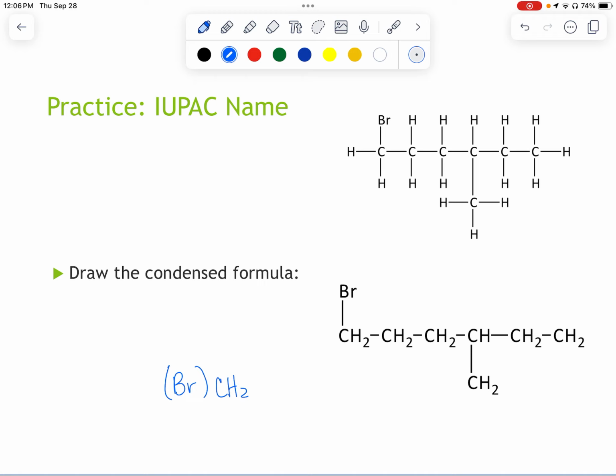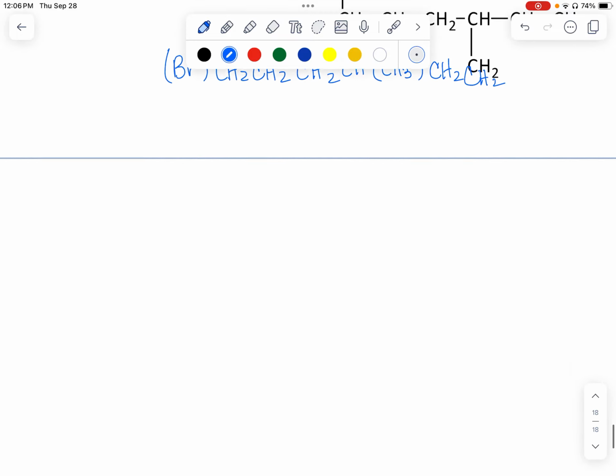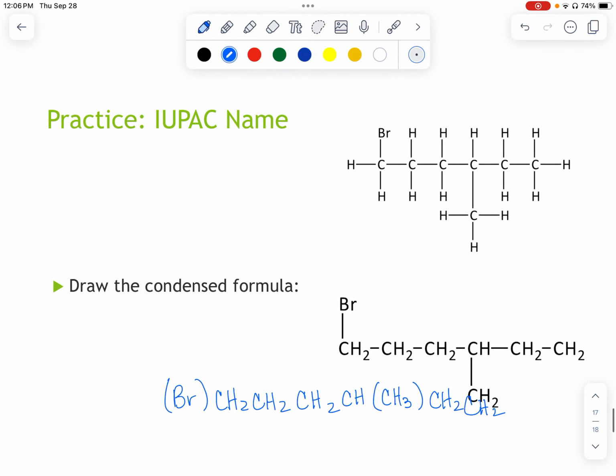CH2, CH2, CH2, CH, CH3 goes into parentheses, CH2, and CH2 at the end there. So hopefully that gives you some practice in naming, and there is lots of practice for you.